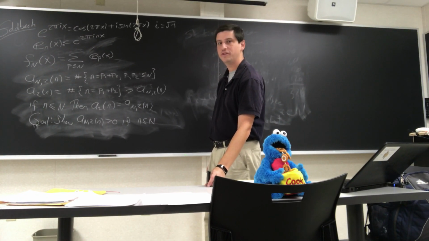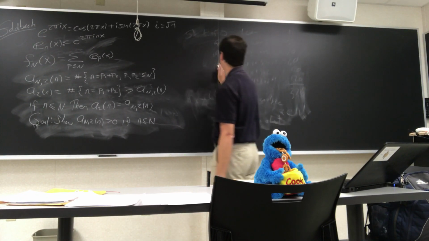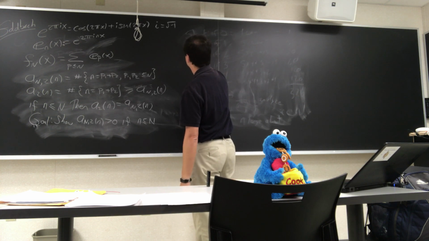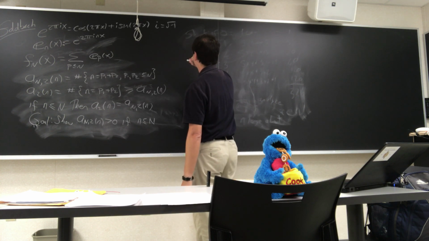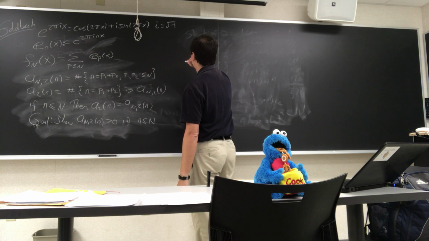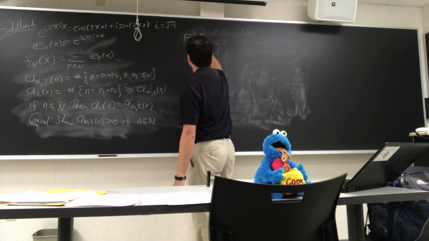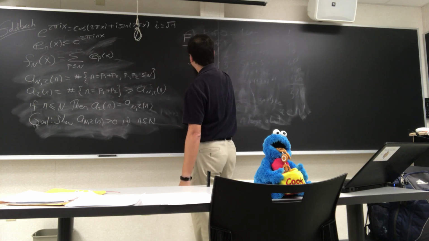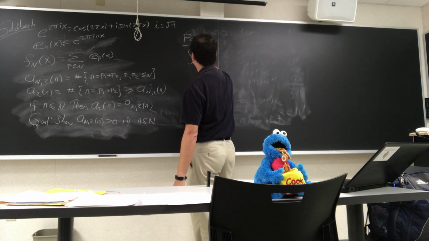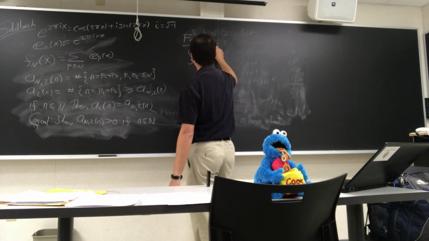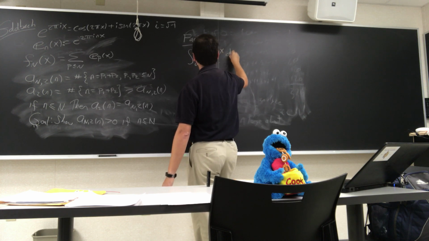And how do you use this generating function F_N(x) to help? Well, let's look at some facts first. What's the integral from 0 to 1 of e^(2 pi i n x) dx?